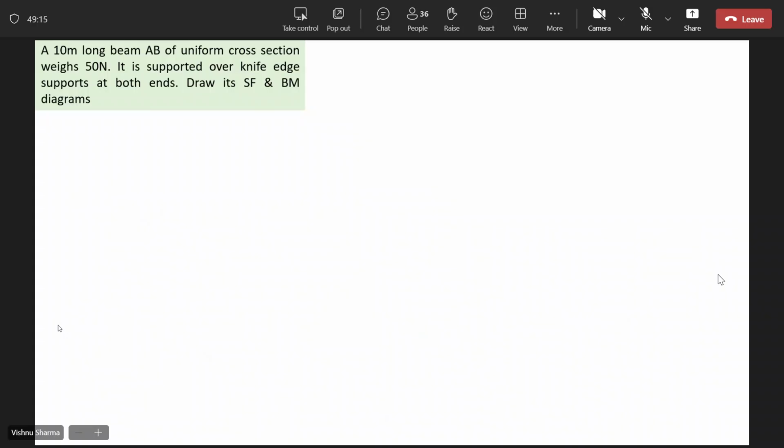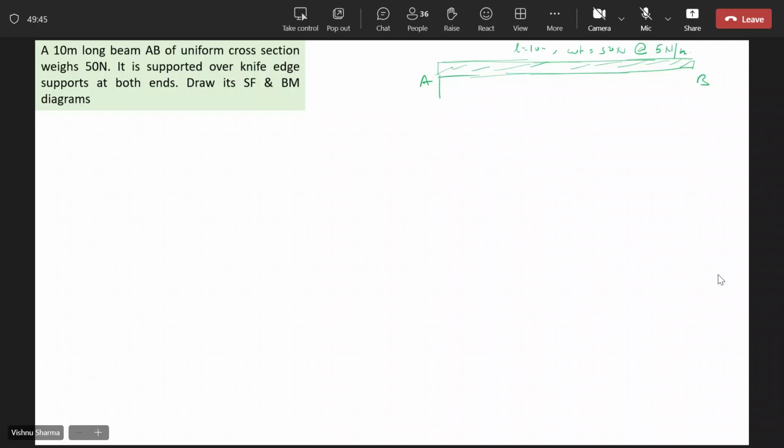Yesterday, guys, we had drawn this beam like this, of uniform cross section, AB. Length was 10 meters, weight is 50 newtons, which is distributed at a uniform rate of 5 newtons per meter.